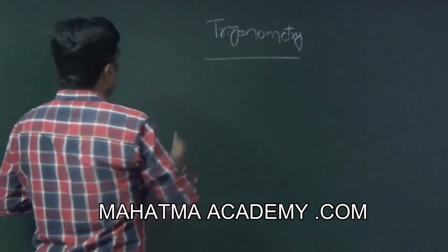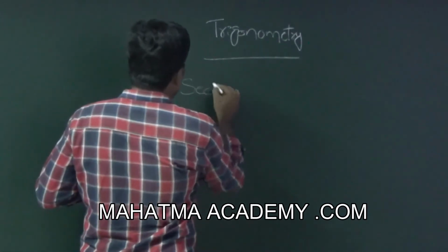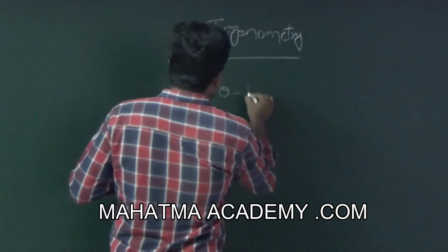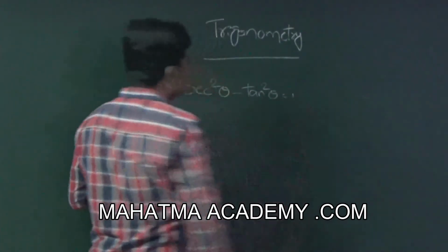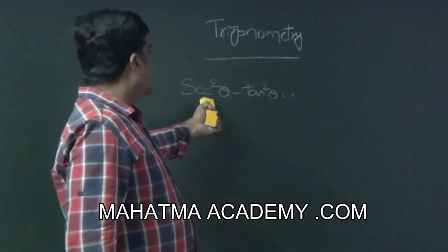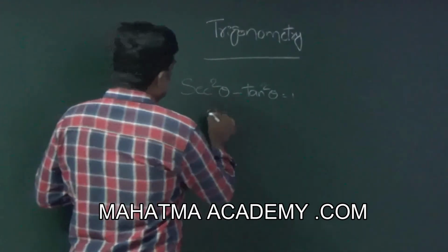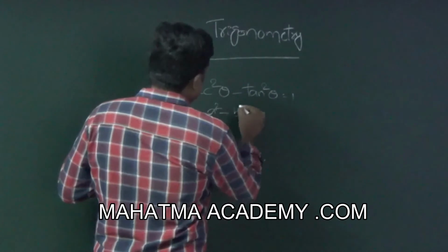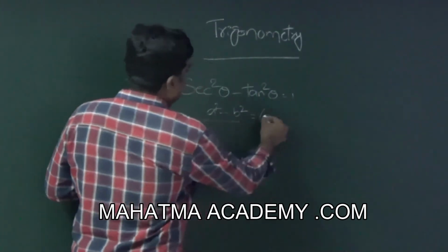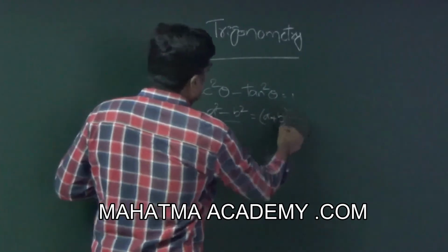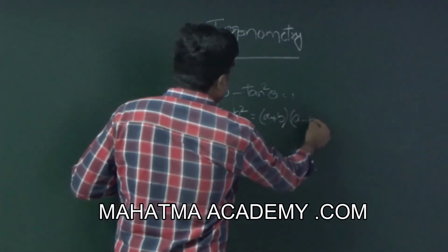Another formula is secant square theta minus tan square theta equal to 1. This formula looks like a square minus b square. What is the formula of a square minus b square? It equals a plus b into a minus b.